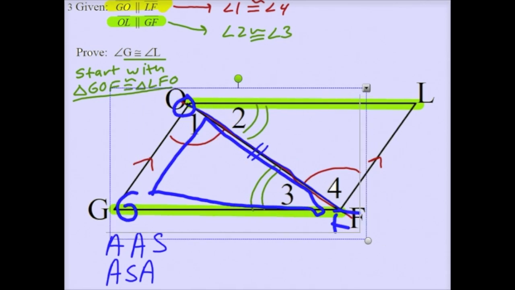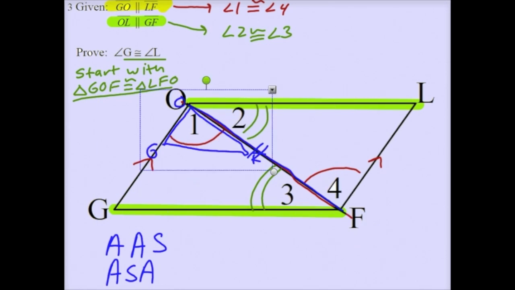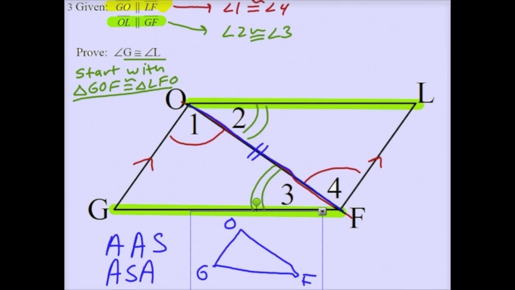If we just look at that triangle, we've got angle 1 up top here. We've got angle 3 down below here. And then we have that shared segment right in the middle. And so this follows angle, side, included side, angle. So we must use the ASA theorem and can't use AAS. So let's get to it. Let's write the proof.